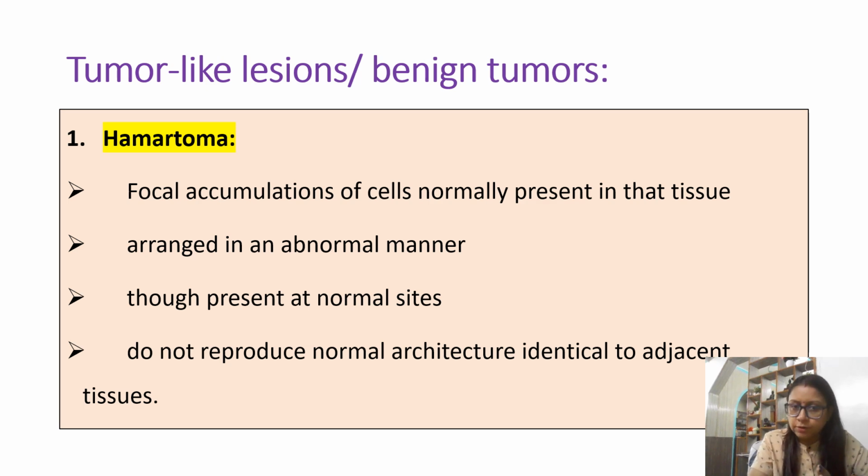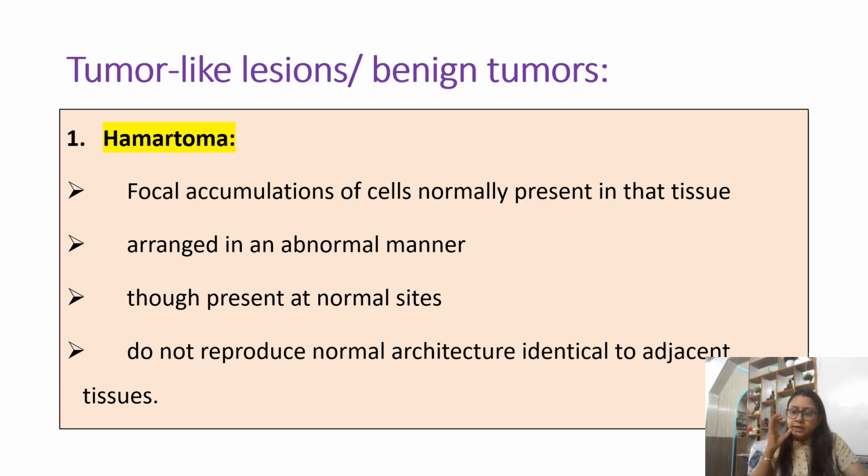So some points about your tumor-like lesions: they include hamartoma. What is a hamartoma? Focal accumulation of cells that are normally present in that tissue, but they're arranged in an abnormal manner. Suppose there is an organ during the initial developmental stage; the tissue which should regress in the adult, that tissue which was normal in the initial years may continue to be seen in adult age also.